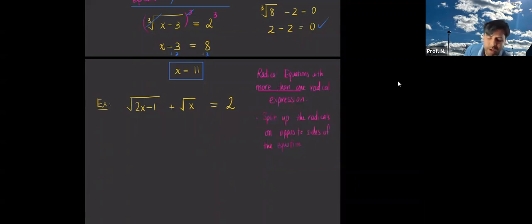So I have radical 2x minus 1 plus rad x. I want to subtract rad x on both sides so that I can do the first step. And then I get rad 2x minus 1 equals 2 minus rad x.